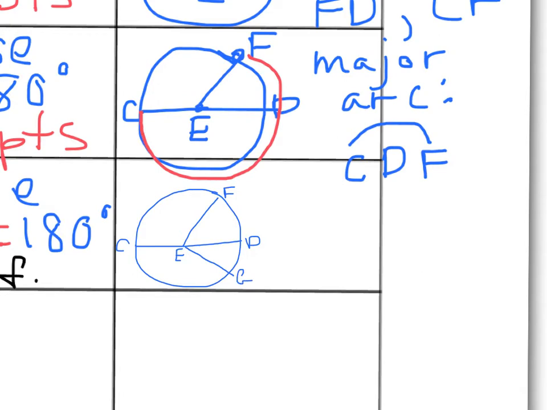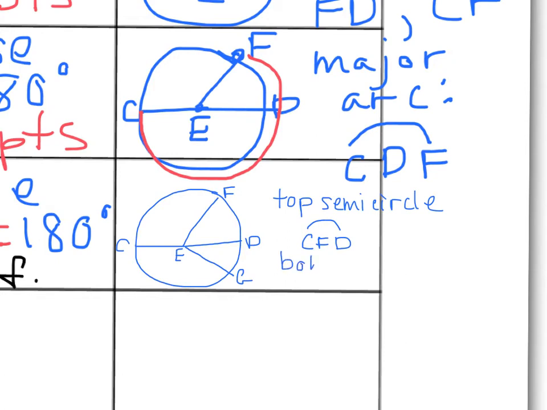And there's 2 ways to name a semicircle depending on which side you want. If we were talking about here our top semicircle, then we would want to make sure we're using 3 points that name and go through the semicircle here. So that would be major arc CFD for that semicircle.